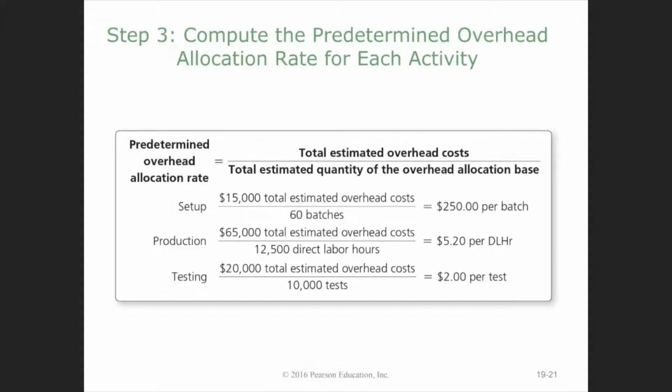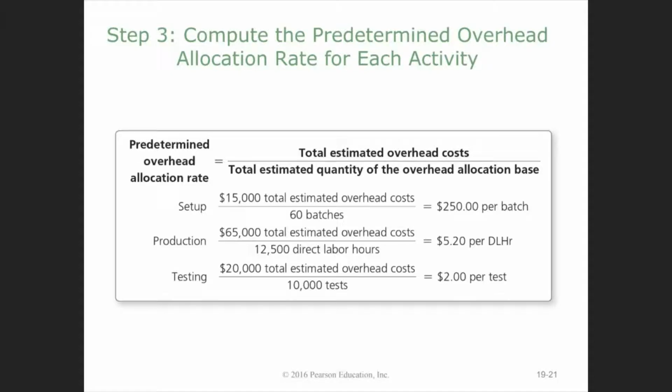We're going to divide that total estimated overhead cost of 15,000 by 60 batches, and that's going to give us $250 per batch for setup.